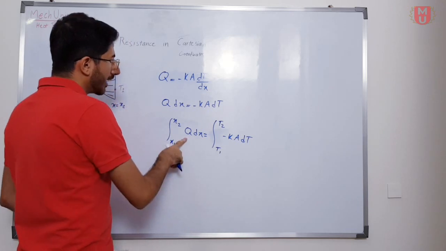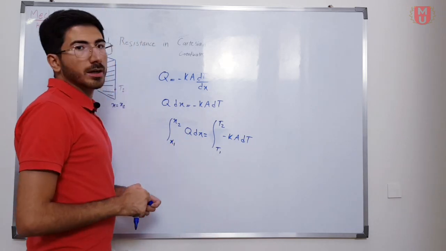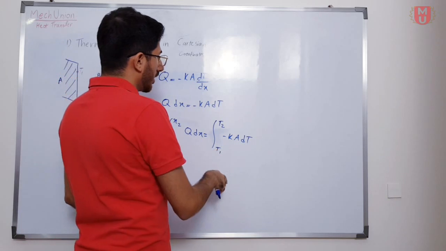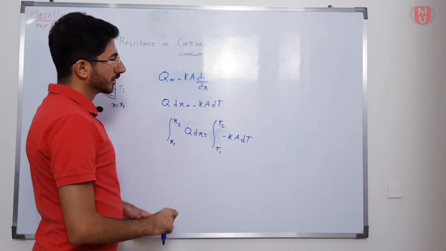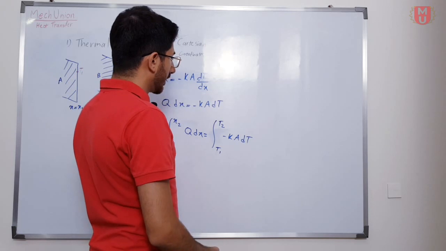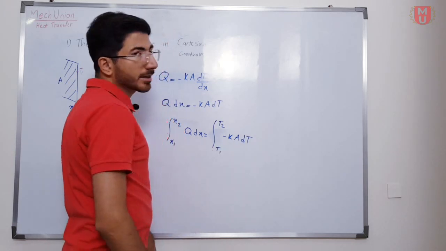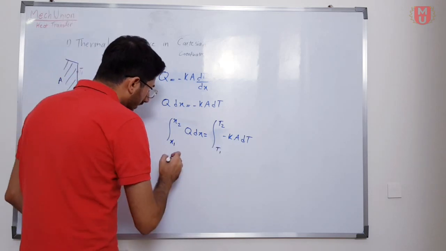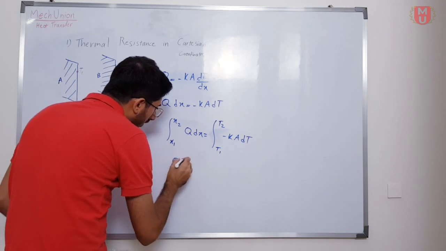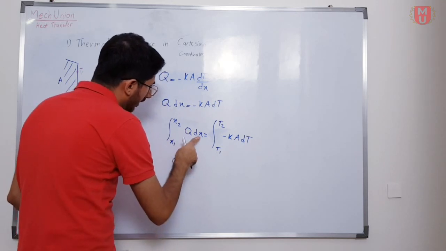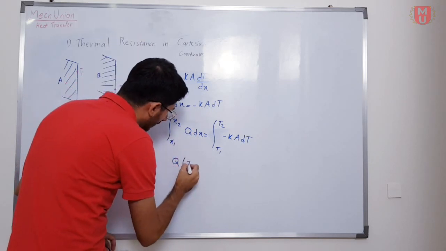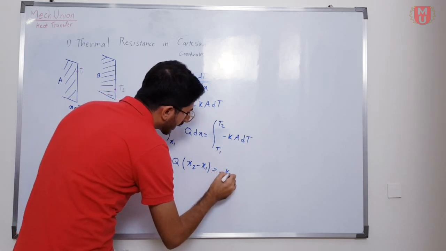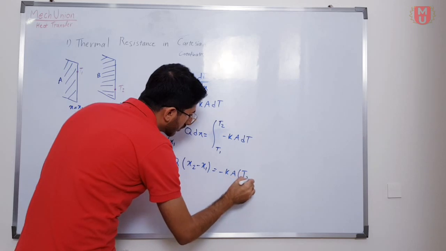Okay, as it is a steady state and we have no heat generation or consumption, Q comes out of the integral, and it is Cartesian coordinates, so A is constant, and also k is assumed to be constant. These come out of the integral. And it is simple math: Q (x2 minus x1) equals minus kA (T2 minus T1).